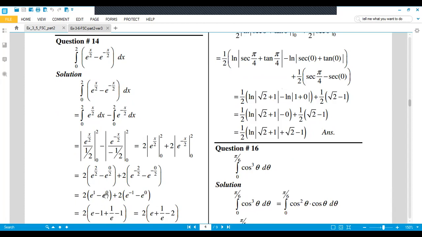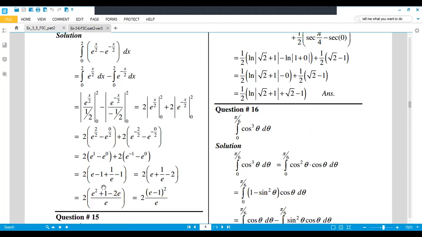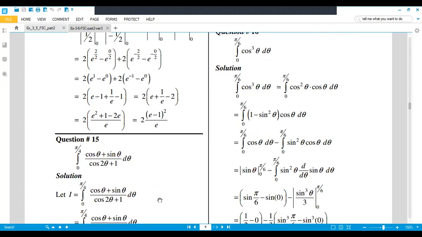So e power 0, you know anything power 0 is equal to 1, and plus e power minus 1 is 1 over e, and e power 0 is minus 1. Minus 1 and minus 1 is minus 2, and e plus 1 over e. Now we take the LCM e, so e square plus 1 minus 2e we get, which is equal to e minus 1 whole square. So the required answer is 2 into e minus 1 whole square divided by e.